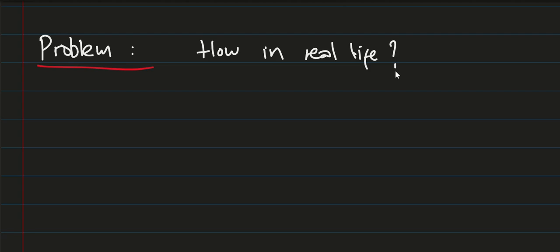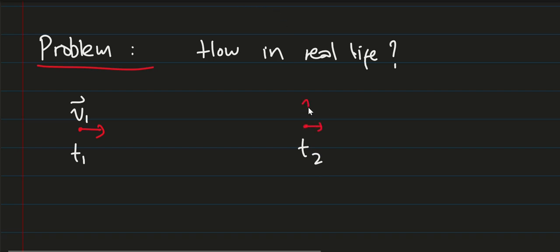Now the problem is how this works in real life. Of course, in real life we have velocity 1, explained by this arrow, whose length is the magnitude at t1.